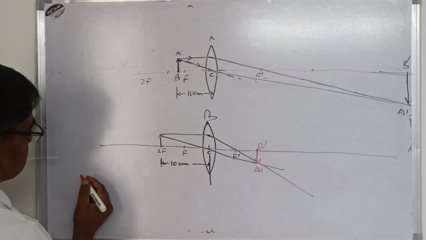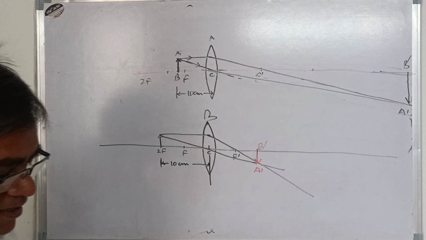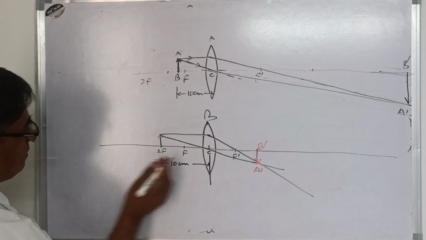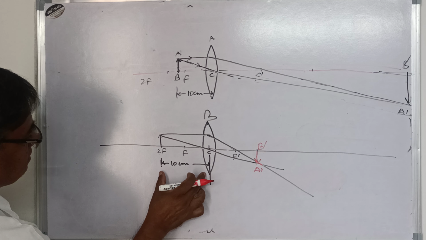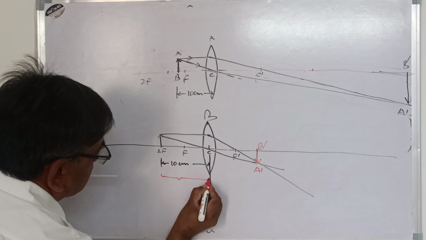In this case, he asked, what is the focal length of lens B? So here, yes, C से 2F. This distance is 10 centimeter. Now you know, this distance is equal to 2F.